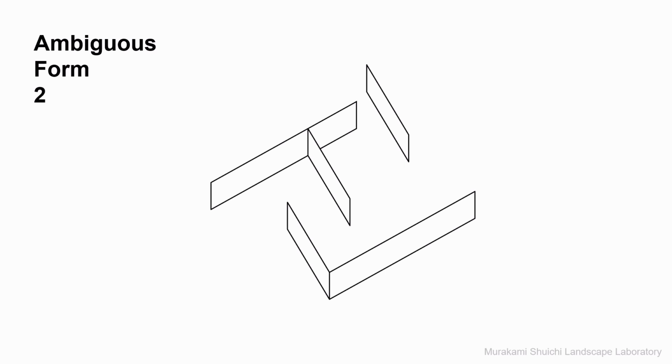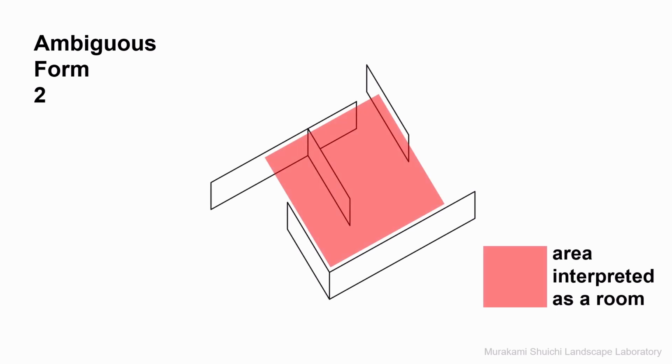Once again, if we define a room by full enclosure, we can say that this forms one large room, but we can also interpret it as two rooms as in the previous example, even though the enclosures are now even more incomplete due to the gaps.